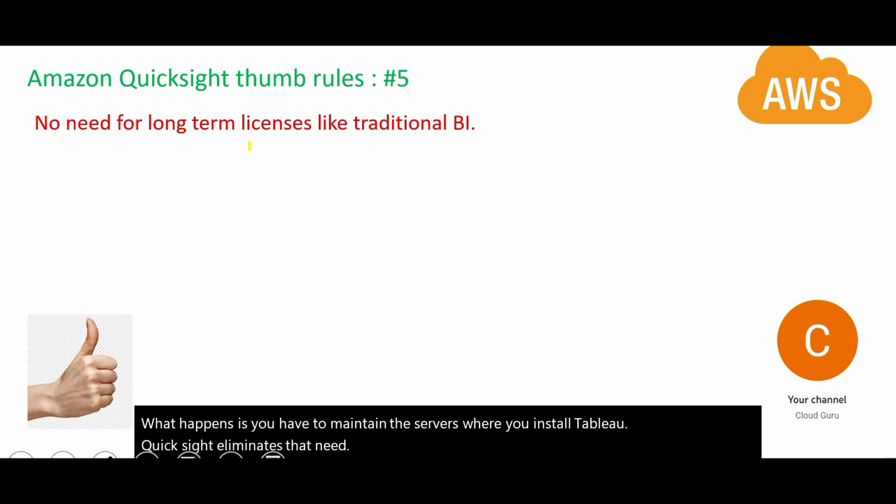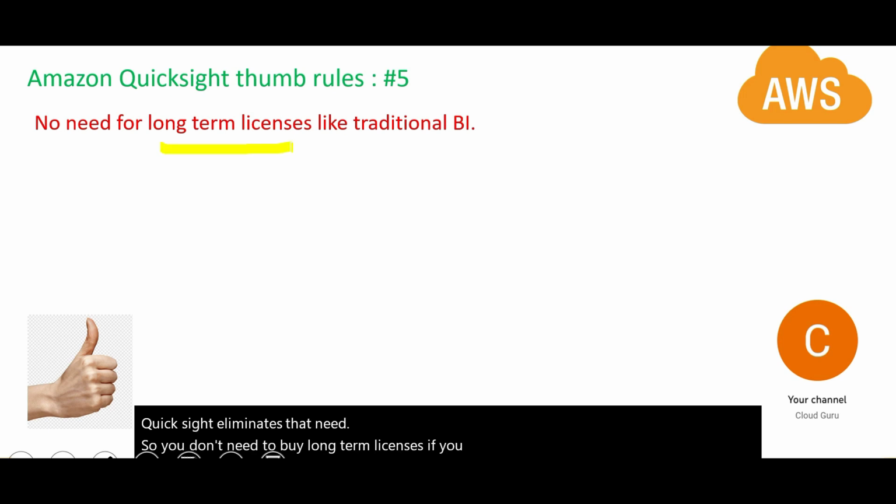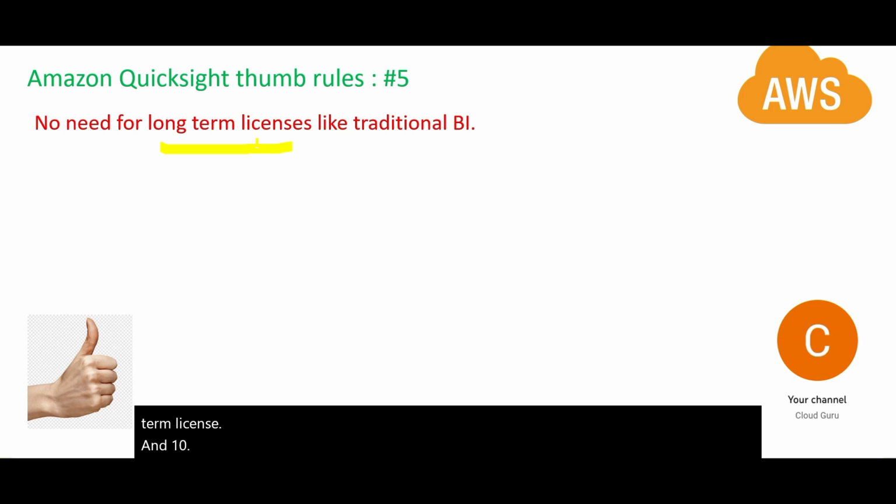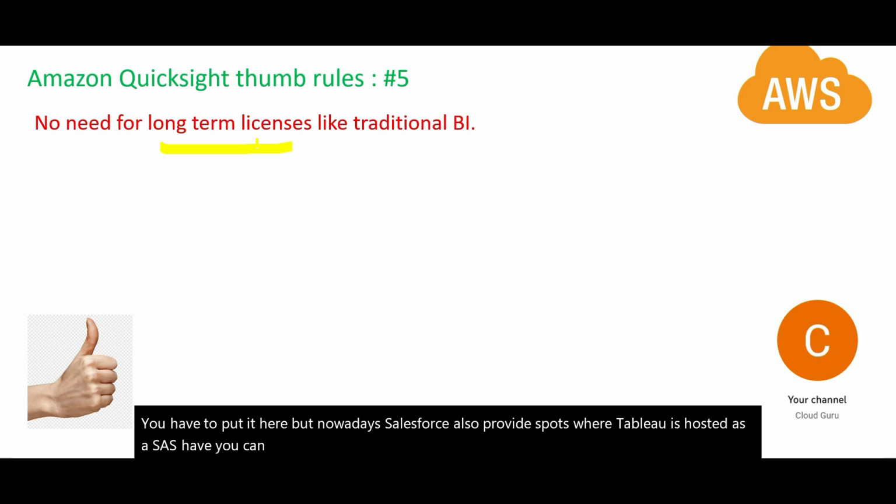So you don't need to buy long-term licenses. If you're doing Tableau, you need to first buy a long-term license. But nowadays, Salesforce also provides options where Tableau is hosted as a SaaS, and you can leverage that in the same model without buying a long-term license.